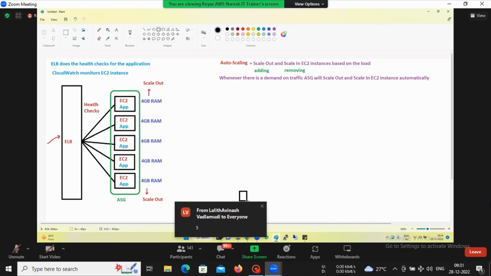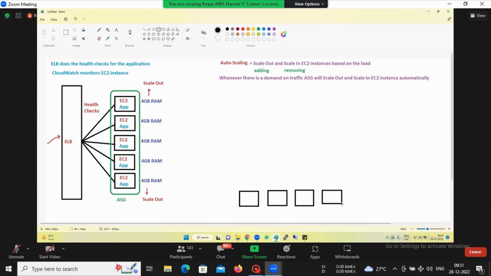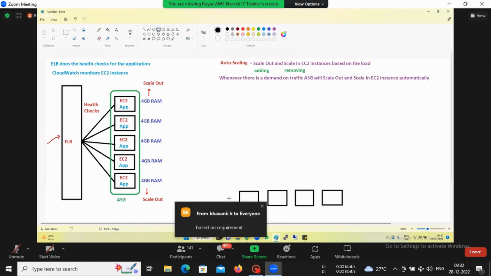Right? So let's say 1, 2, 3, 4. So initially I have kept 4 EC2 instances today. So how do you know, guys? Is it possible to tell now how many EC2 instances we need in the auto scaling group?